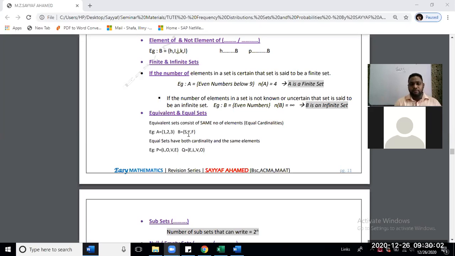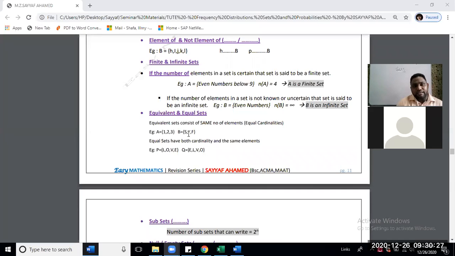It's possible. Equal set meaning, the number of elements should be the same, and also you need to have the same set of elements as well. Say for example, if you look at the example P equals {L, O, V, E} and Q equals {E, L, V, O}.